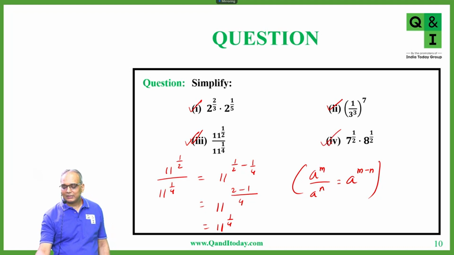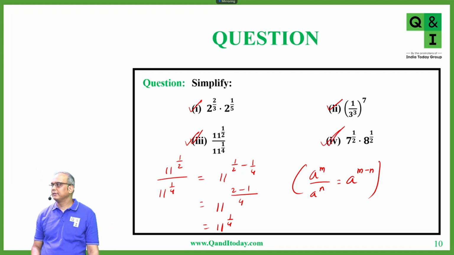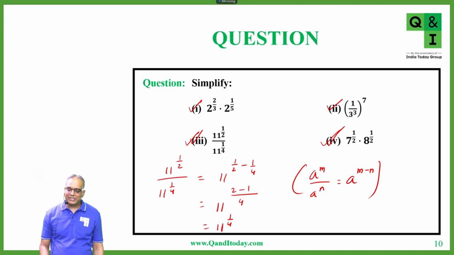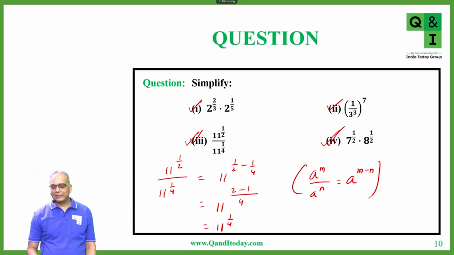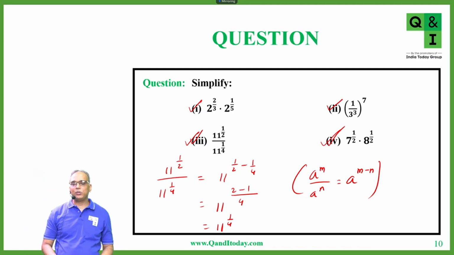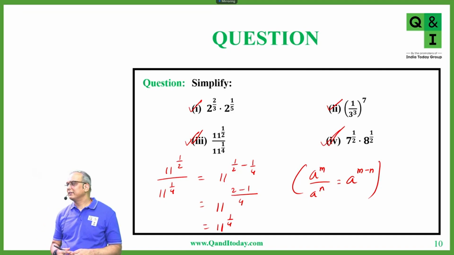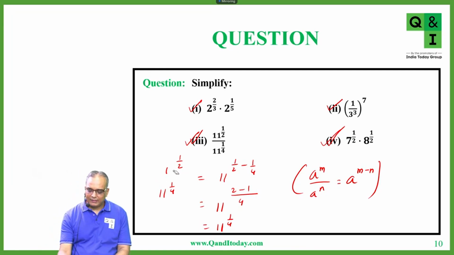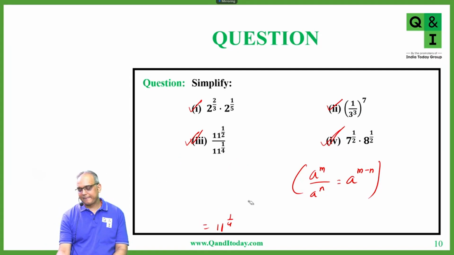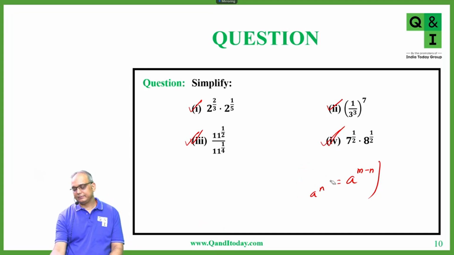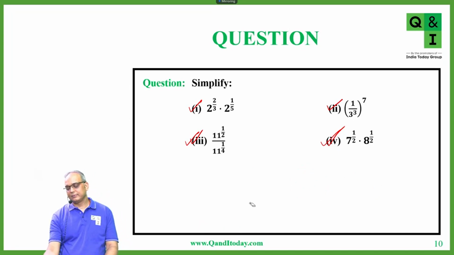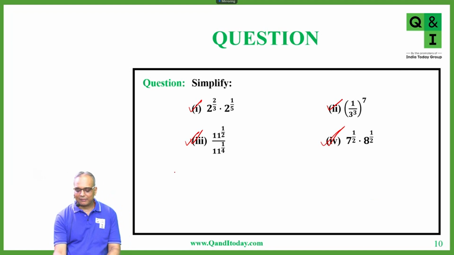Fourth one, students. Which identity are we using in the fourth part? 7 raised to the power 1 by 2 into 8 raised to the power 1 by 2. What is common here? The power is common here, 1 by 2, and the bases are different, so the bases will get multiplied.